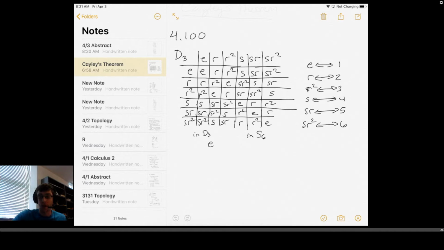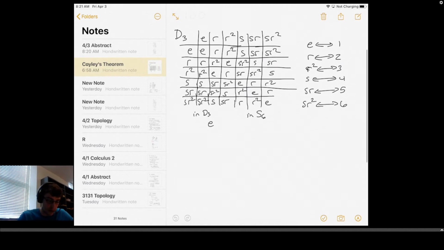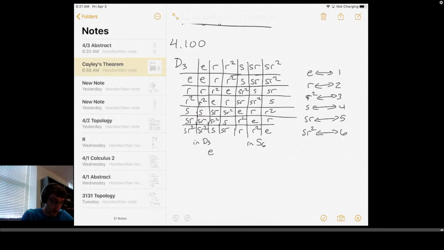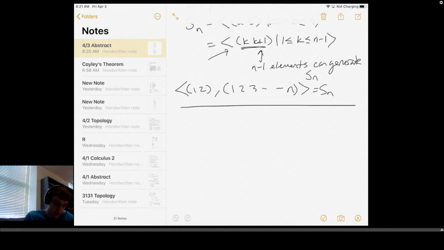right? So Cayley's theorem in general states that any group, so let's get a little vocab here first, so maybe I'll go back. So Cayley's theorem, what's the general statement? Well, first we need this definition.